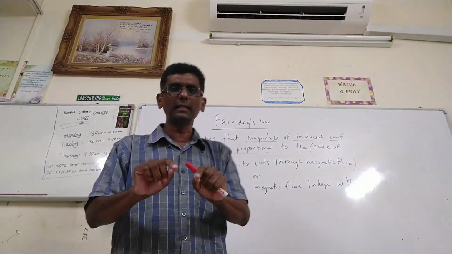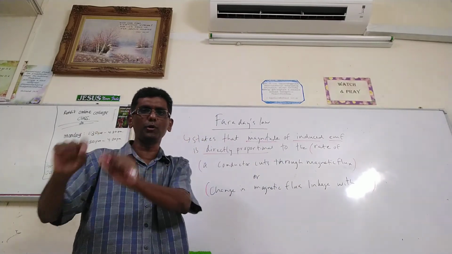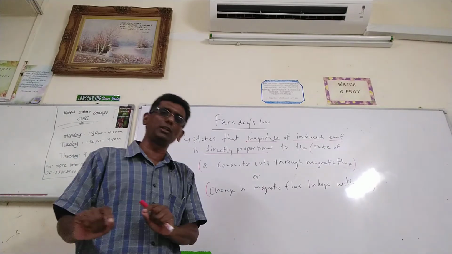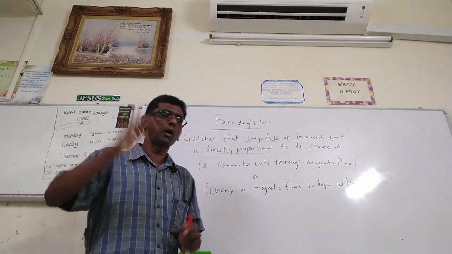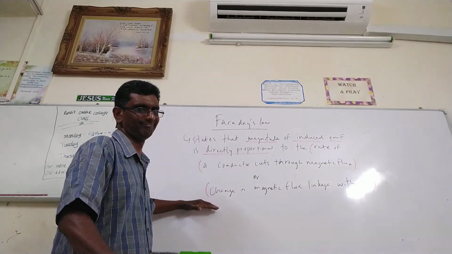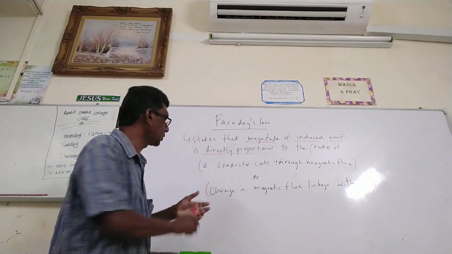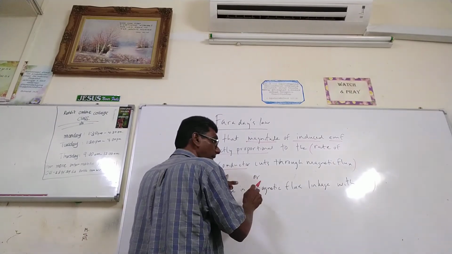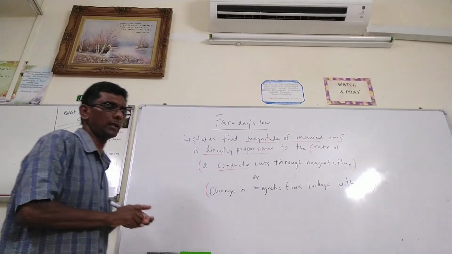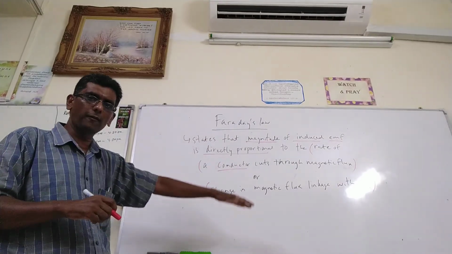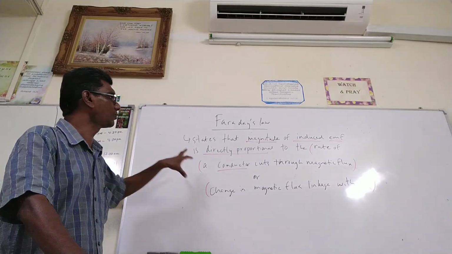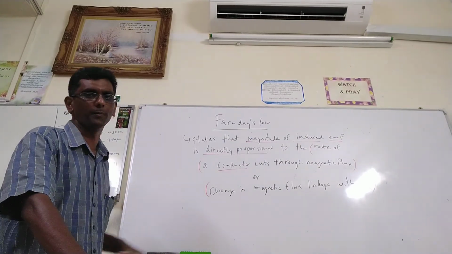So a conductor cuts through magnetic flux to produce induced current, and a coil cuts through magnetic flux to also produce induced current. So two ways. Faraday's law, either way. Coil also cuts the magnetic flux, like a conductor also cuts through magnetic flux. So this is what we call Faraday's law.